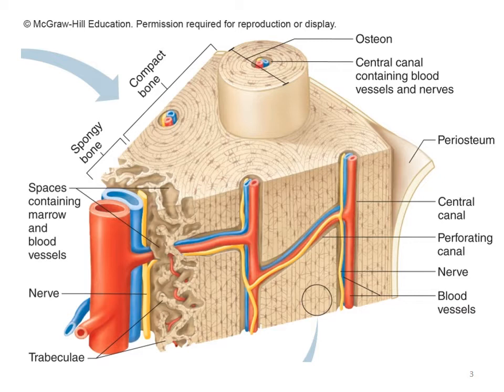Now, the real defining feature of the compact bone are these repeating circular structures called osteons. This is what gives bone its really impressive tensile strength, which means the ability to resist breaking. So if I was to go out and take a real thin tree limb off of a tree that's alive and try to break it, it wouldn't snap.